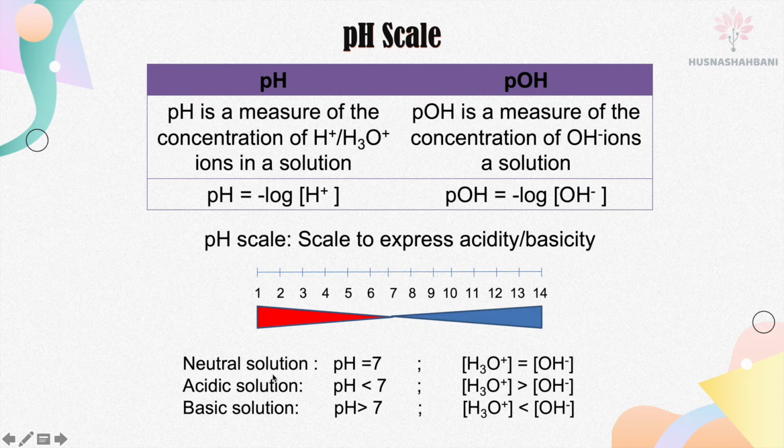In neutral solution, pH is equal to 7, meaning the H3O+ concentration equals the OH- concentration. In acidic solution, pH is less than 7, meaning the concentration of H3O+ is greater than the OH- concentration. In basic solution, the pH is greater than 7, meaning the H3O+ concentration is lower than the concentration of OH-.